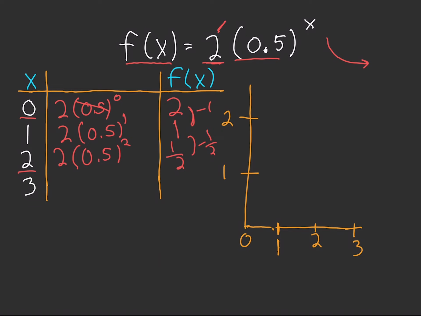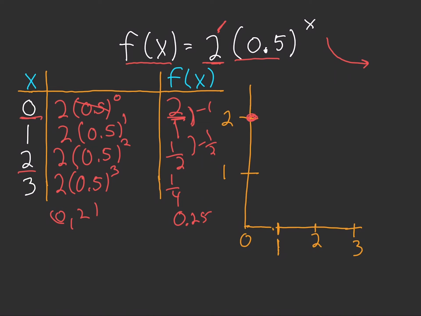And then when x is 3, I take that 2 times 0.5 to the 3, and this comes out to be a quarter, or 0.25. Let's take a look at what that looks like. So when I plugged in 0, I got 2. So 0, comma 2 is on there.